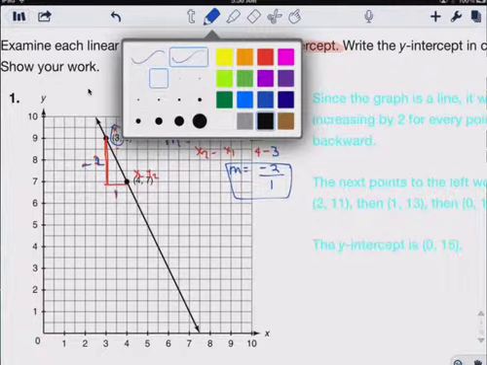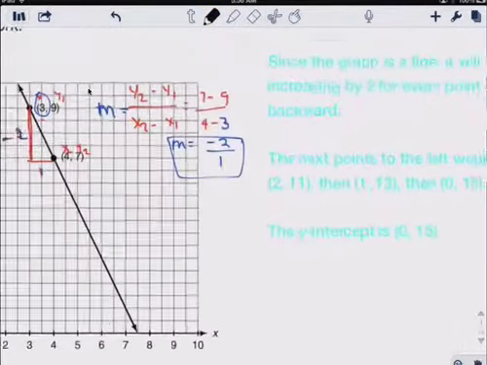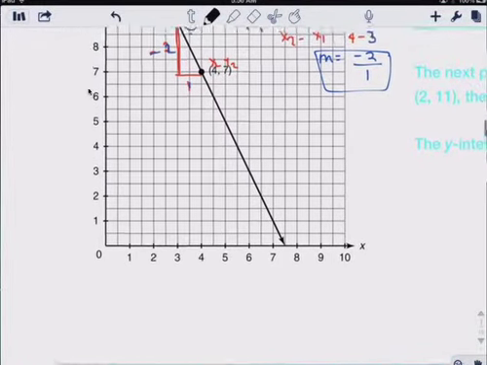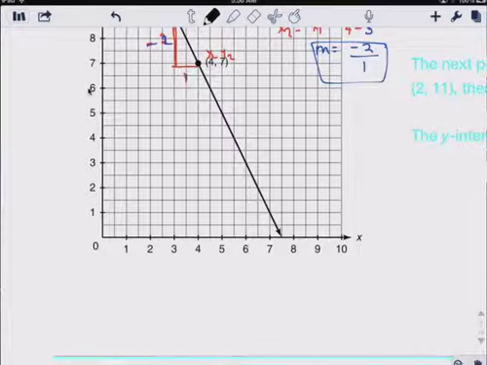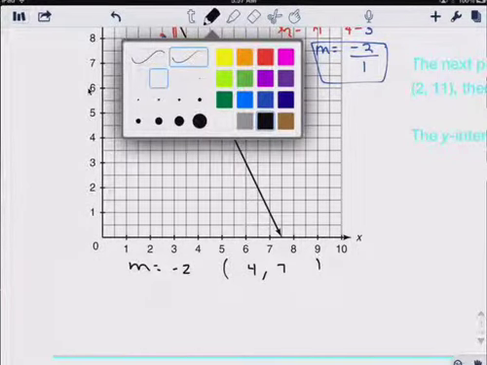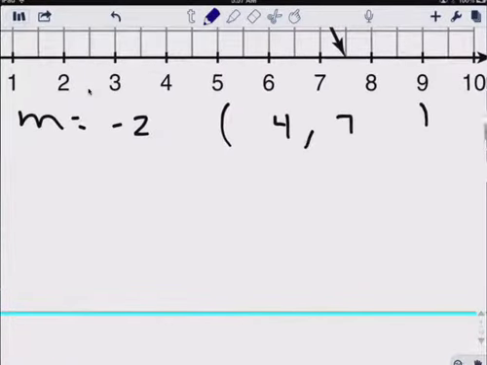Alrighty. So, I'm going to write over this blue stuff. Right down here. I'll use 4 and 7. My slope is negative 2. The point I'm going to use is 4 and 7. So to find my y-intercept, I need to use point-slope form. Okay?